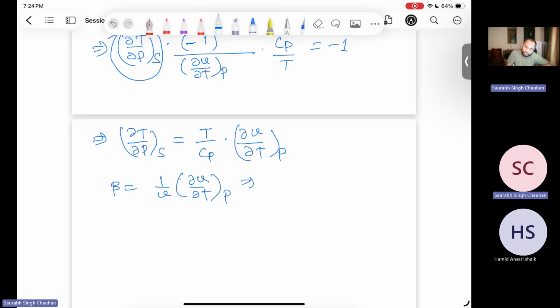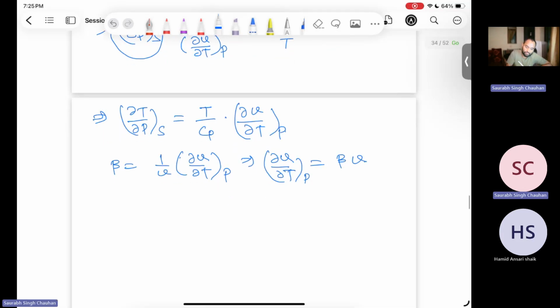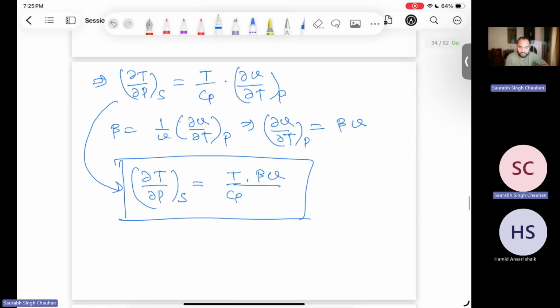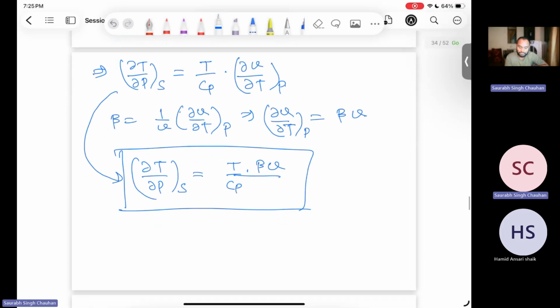So del V by del T at constant pressure we can write as beta times V. So this equation becomes del T by del P equal to T by Cp times beta V. That's what we got.